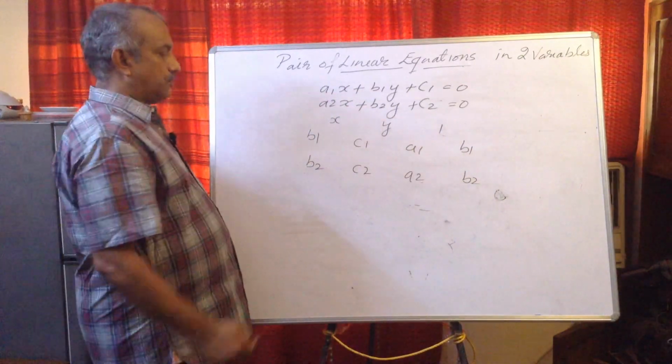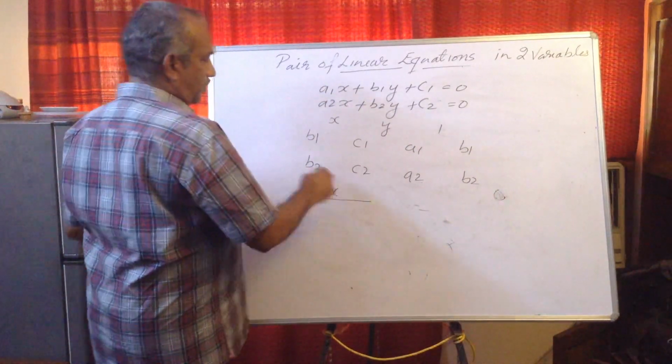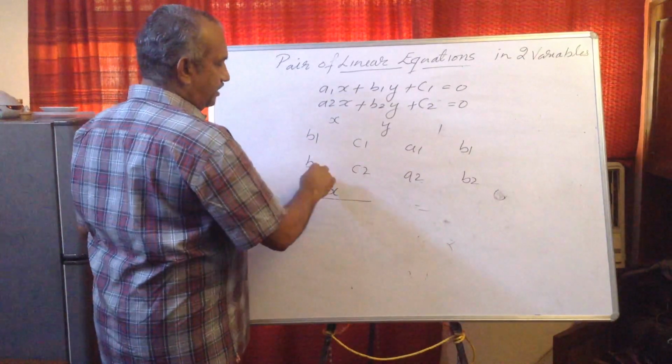Then you have to do cross multiplication, not like always, this first minus this one.